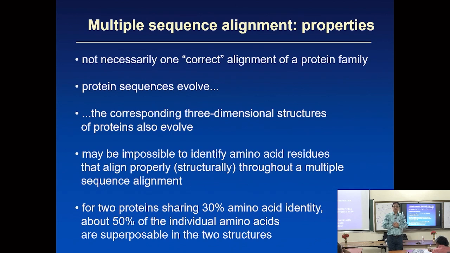So 30% sequence identity, 50% structure identity, which would indicate that structures evolve slower than sequences, right? This is the conclusion that you will draw.